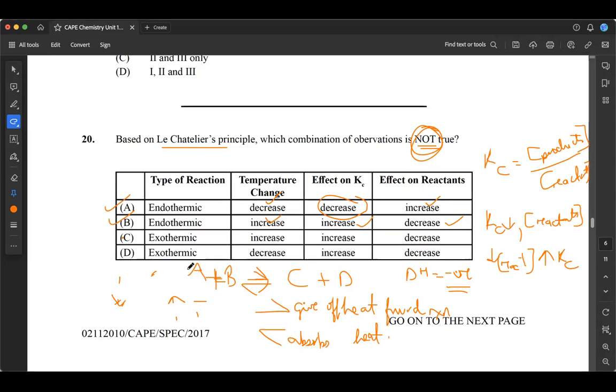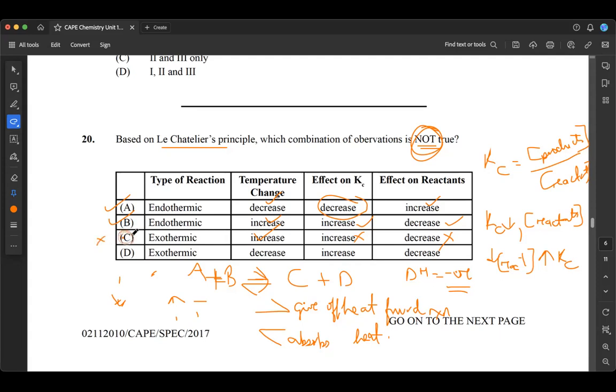So it's going to want to favor the reactants. And so I'll actually have an increase in my reactants, which is not what they're showing here. If I increase my temperature, I'm going to have an increase in my reactants, not a decrease. And if I have an increase in my reactants, then I'm going to have a decrease in my Kc. So this isn't right either. So this one is not correct. We would not observe this.